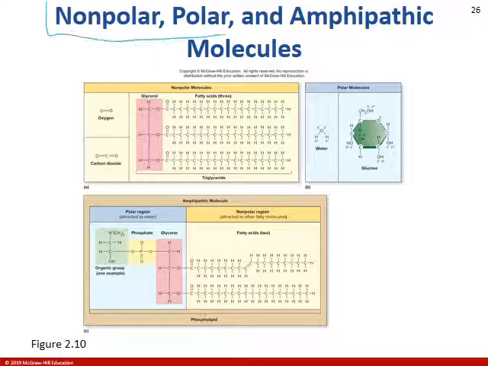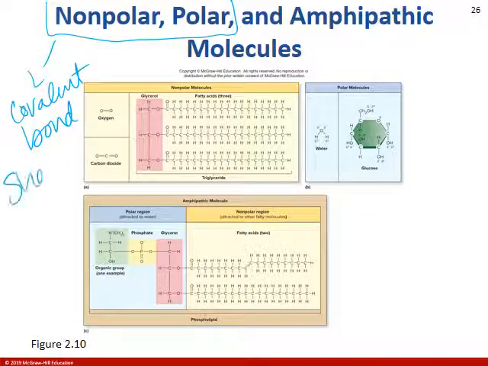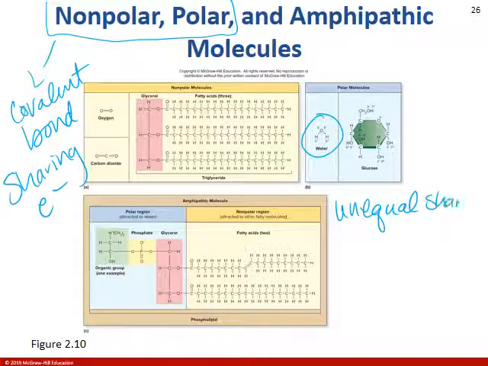I really just want you to focus on the polar and nonpolar. So these are still covalent bonds. We're still talking about sharing electrons. But what's going to happen is sometimes if you have unequal sharing, it's going to shift the molecule that's created into one side's positive and one side's negative.